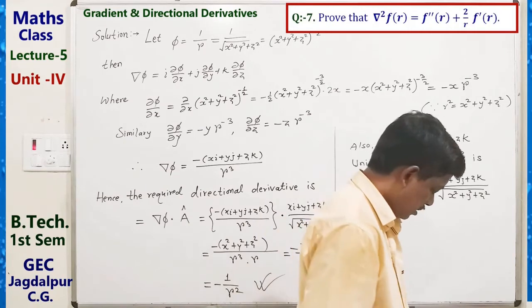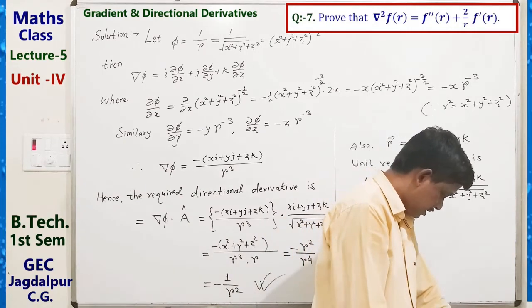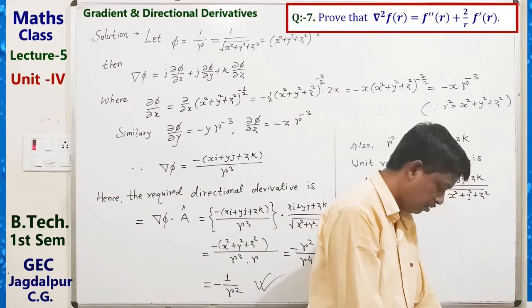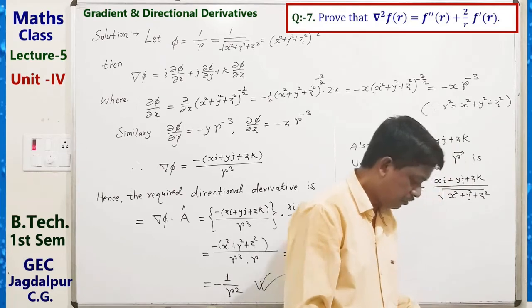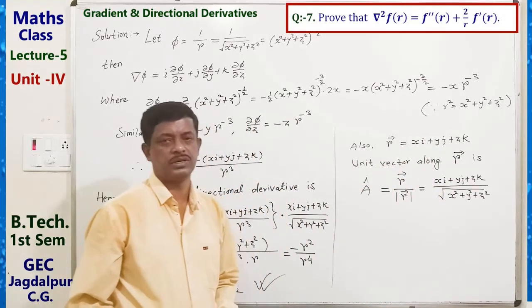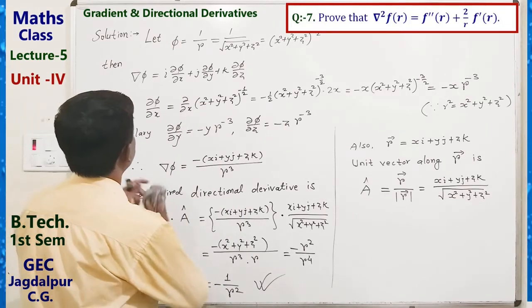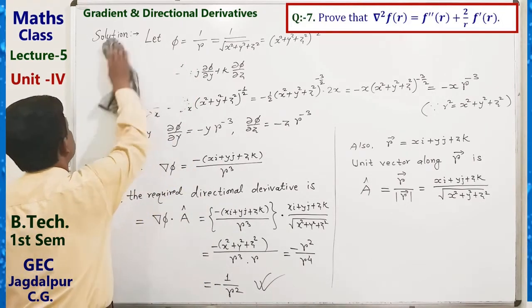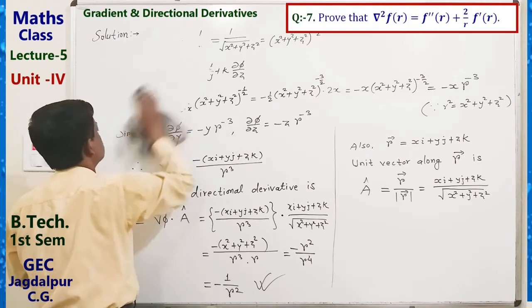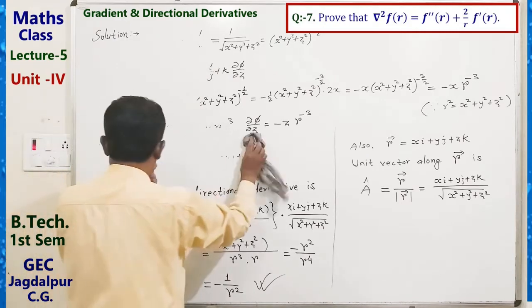Okay. Now there is a very important question that we have to solve here. This type, where the del operator is applied 2 times. Whenever we apply the del operator 2 times, how can we solve it?